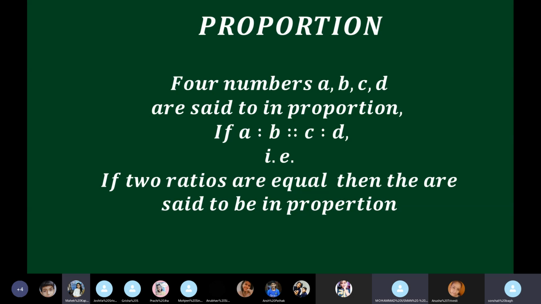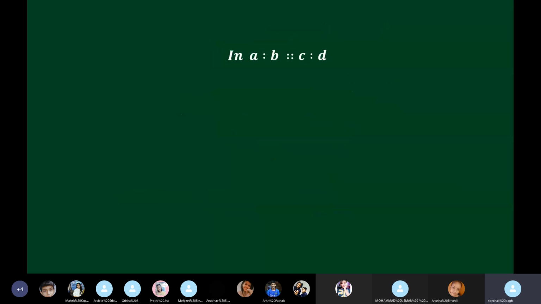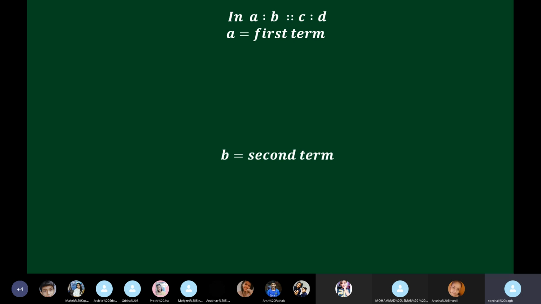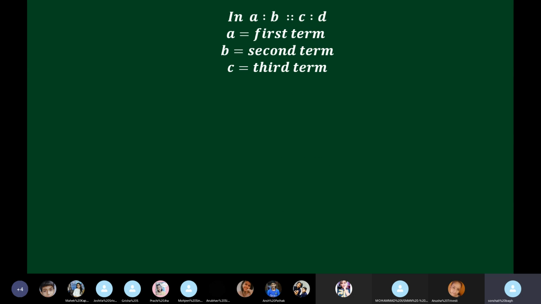Now let's see, in A is to B proportional to C is to D, what does A get called? A is called the first term, B the second term, C the third term, D the fourth term. Can you repeat for me? A, first term. B, second term.